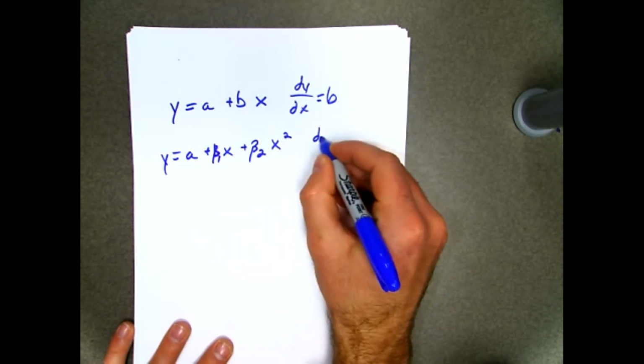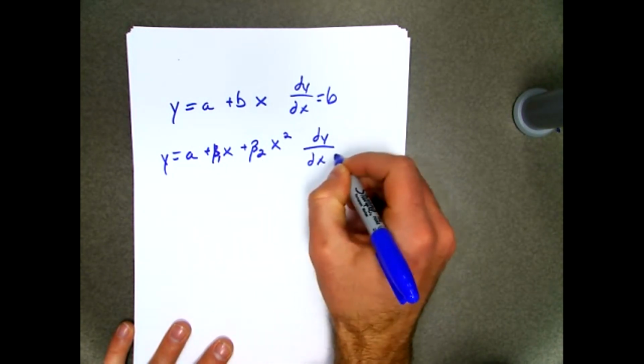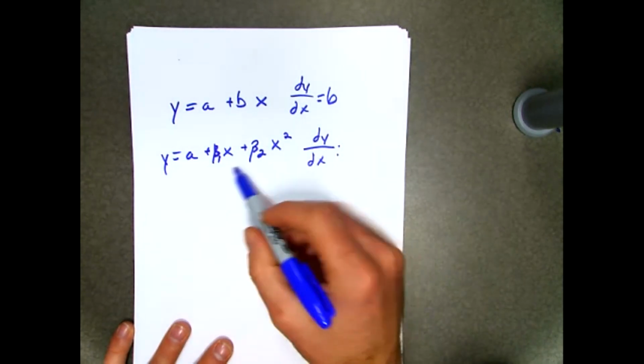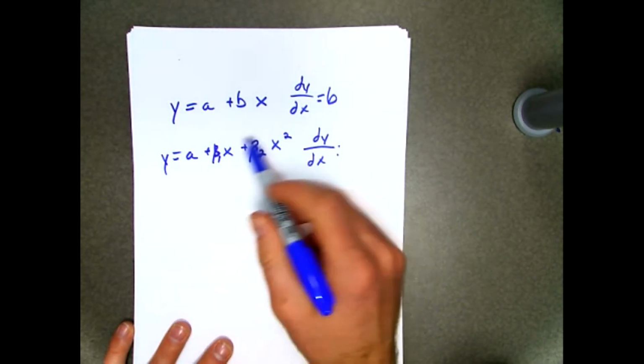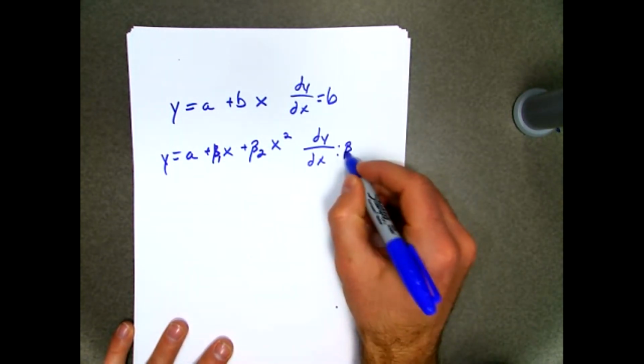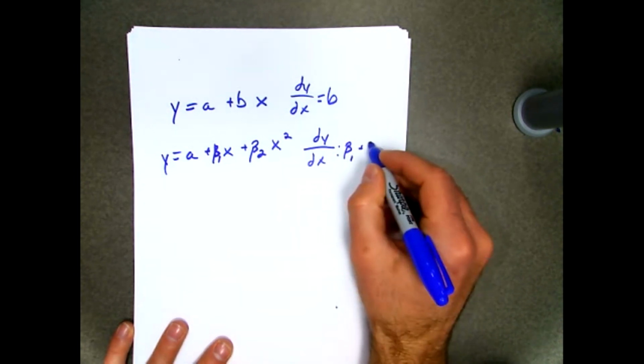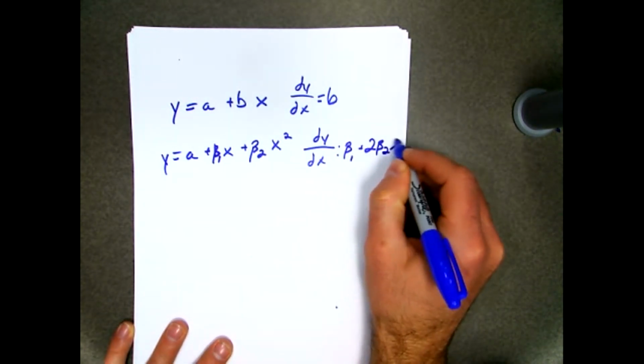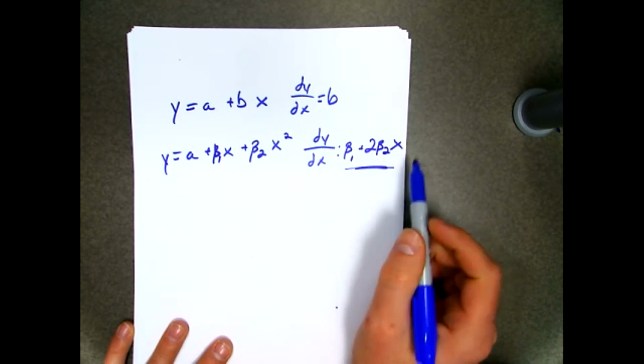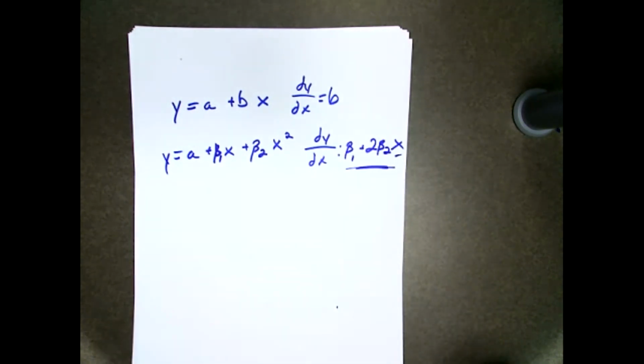So now if I think about the change in y from a change in x, what's that going to be? Well, I'm taking a derivative of this function. Beta 1 plus 2 comes out front. Now my marginal effect depends on what values of x I'm looking at. So the effect of one unit changes in x will be different depending on what level of x I'm looking at, right? If I'm at a value of x of 100 versus 1,000 or whatever it is.